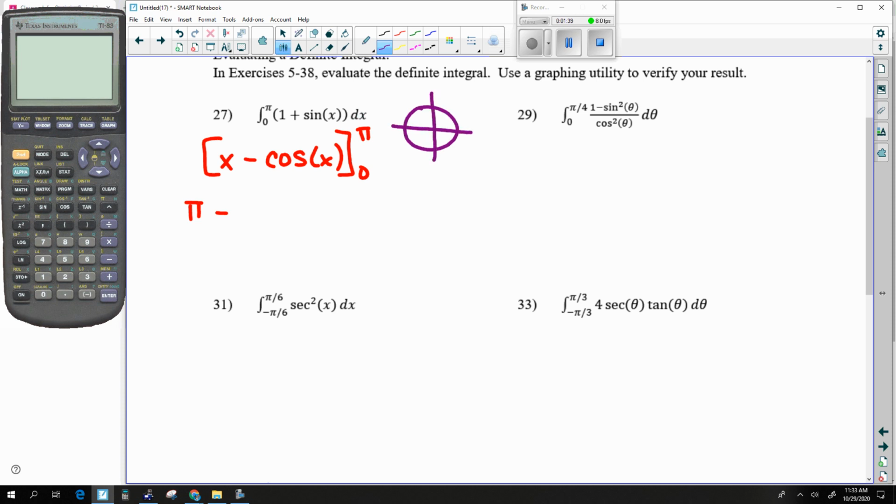We're going to be needing to know information about 0, which is at 1, 0, and pi, which is at negative 1, 0. And so the first and foremost is the pi version, which would be negative 1, minus the evaluation at 0, which is going to be 0, minus cosine, which is 1. And so this ultimately is going to be pi plus 1 plus 1, so pi plus 2.